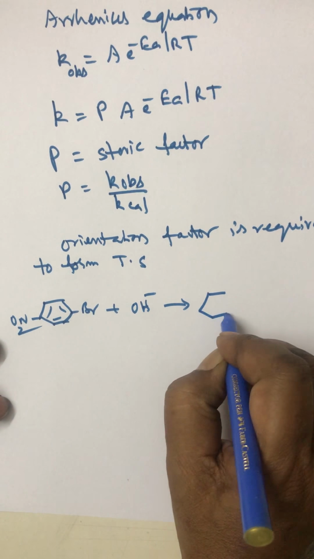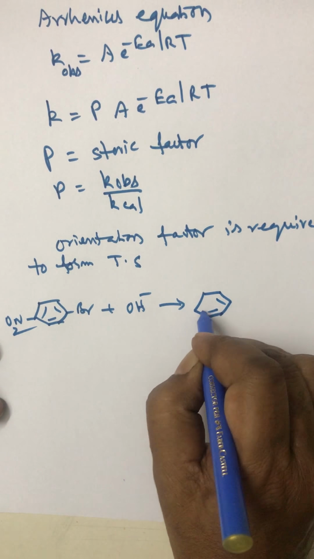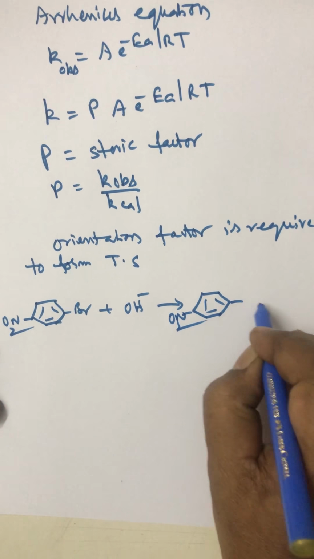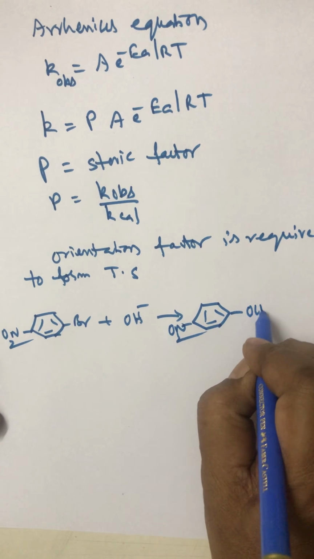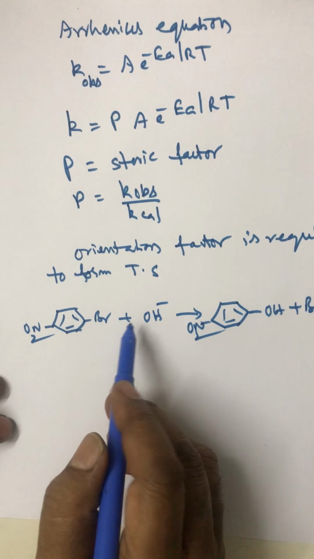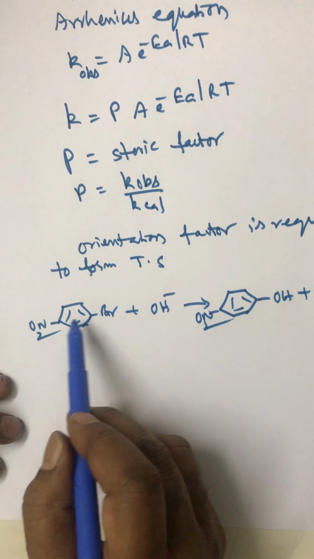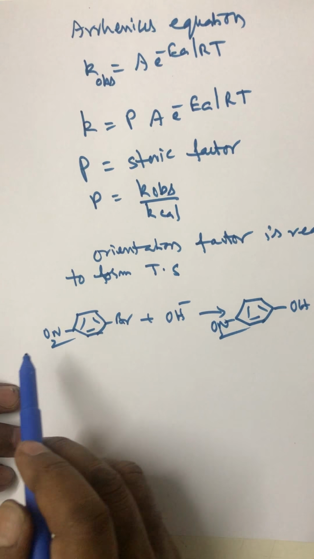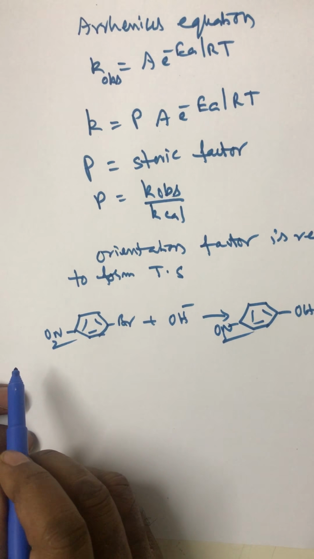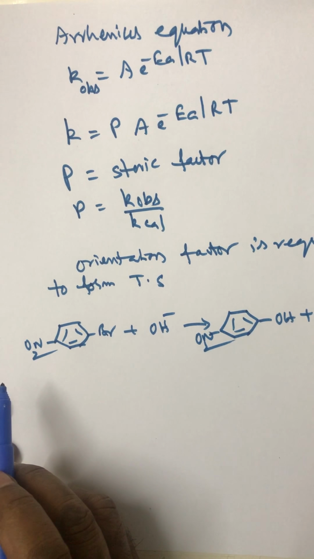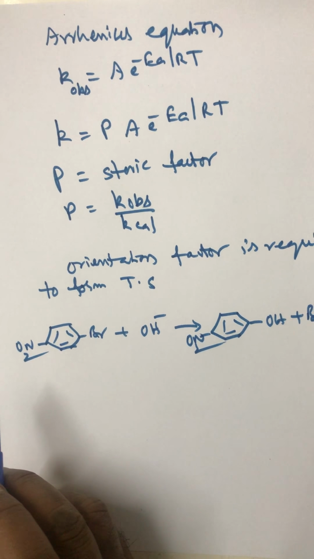Reaction is this. OH minus can approach from this end and this end, but proper orientation is required for the product formation. Hence, in such types of reactions the probability factor is less.